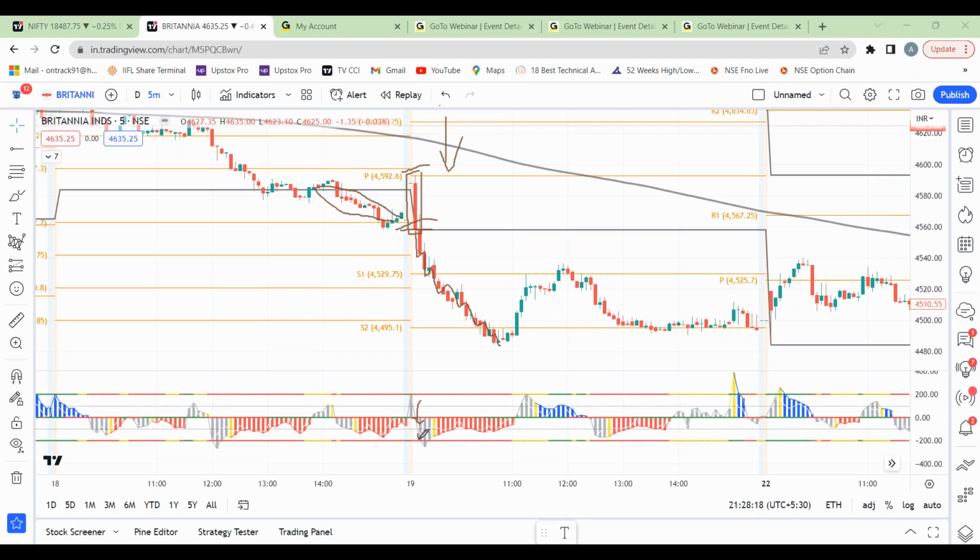Keep riding this as long as this Woodies is below 0. The moment it crosses above 0, you can exit your sell position, book profit and exit. Clear?